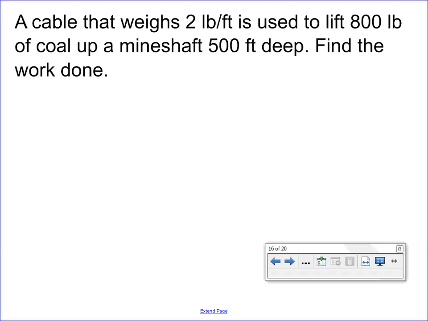Therefore, we can break that up into our first equation. The constant force required we'll do for the coal. We know then the work required for the coal is given by the force required to lift the coal exerted through the distance. So for us, it's 800 pounds.